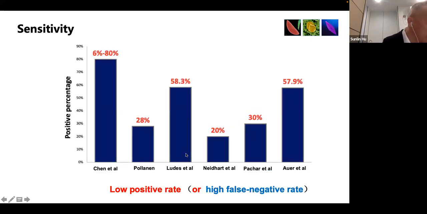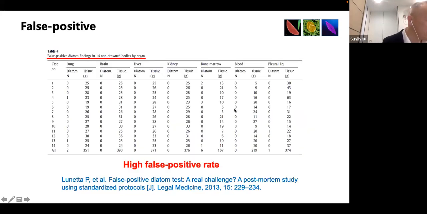For drowning cases, the positive test rate reported in literature varies considerably, but overall is very low. It's widely accepted in forensic practice that this rate is close to 1/3. While for non-drowning cases, some researchers detected diatoms in lungs and closed organs.